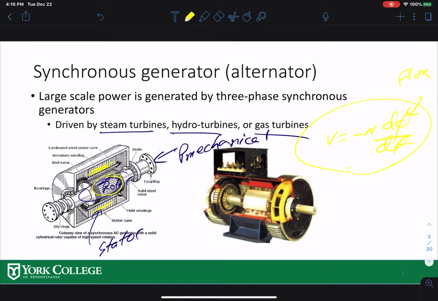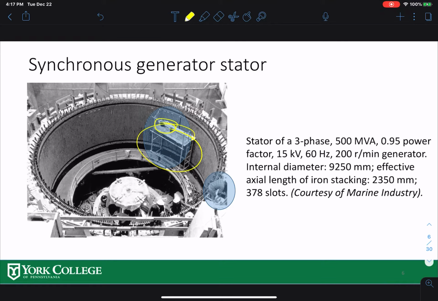All right, so that's what is actually discussed over here. To give a perspective on how big they are, you can see this is one of the stators, a big stator. They're winding a big stator over here. Look at that. They have to use scaffolding, with people standing on the scaffolding to do work. Compared to the people, you can see how big those machines are.